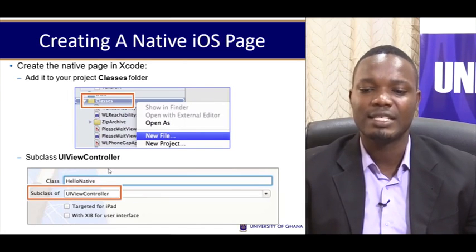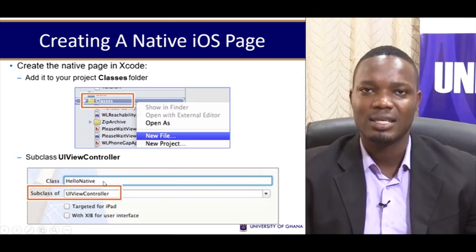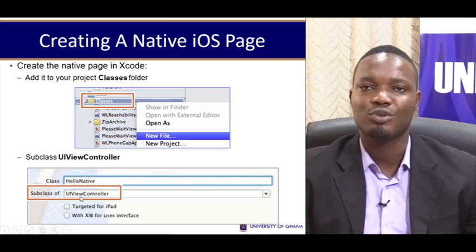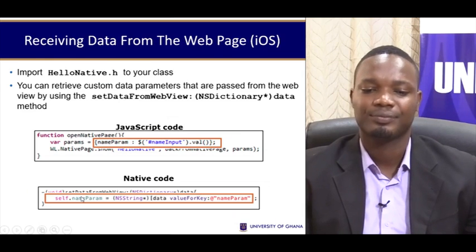So creating a native iOS page in Xcode, what you need to do is add it to your project class folder. You add a file, and then the subclass of that file is the UIViewController. So remember that the file you are creating should be a subclass of UIViewController.